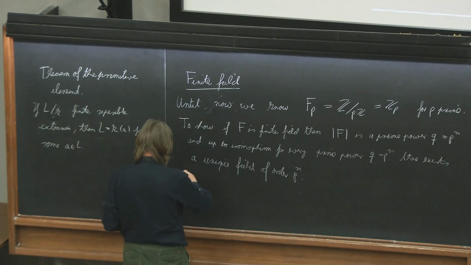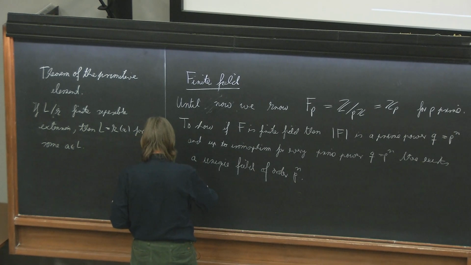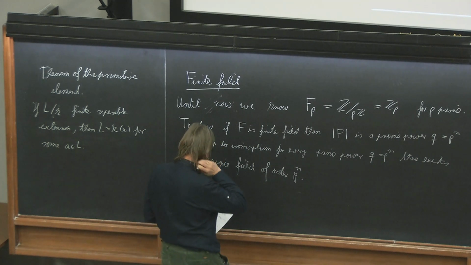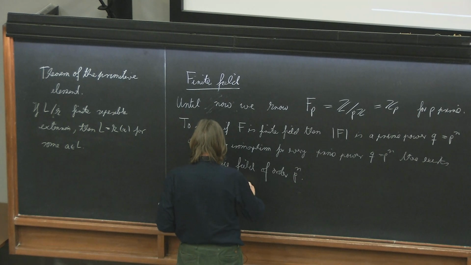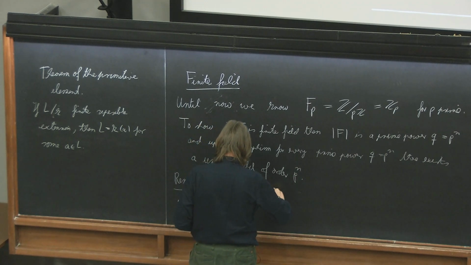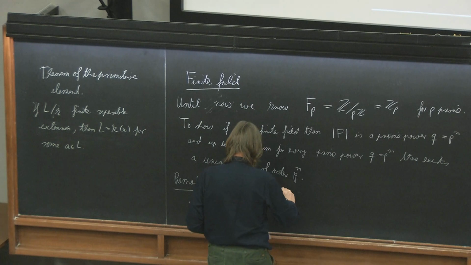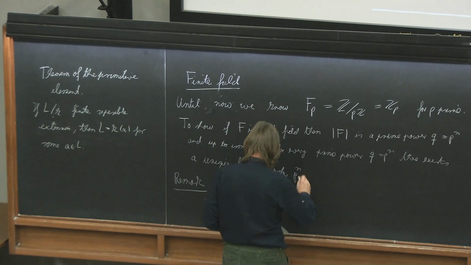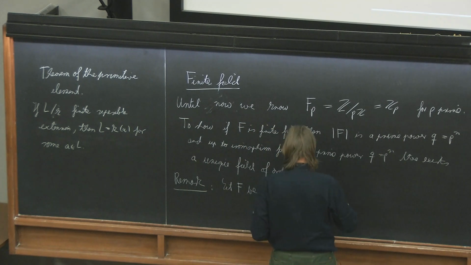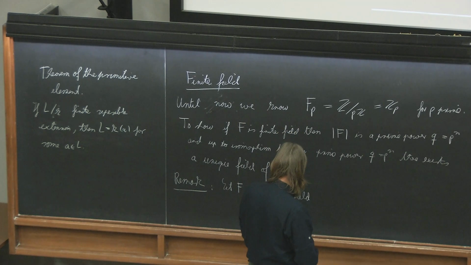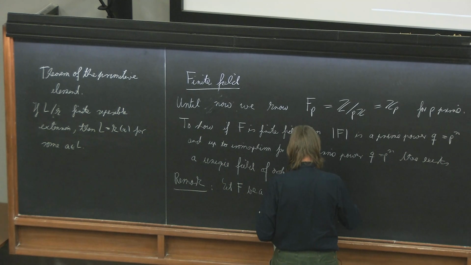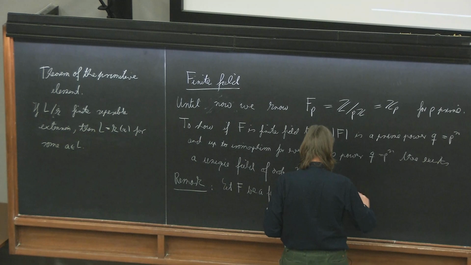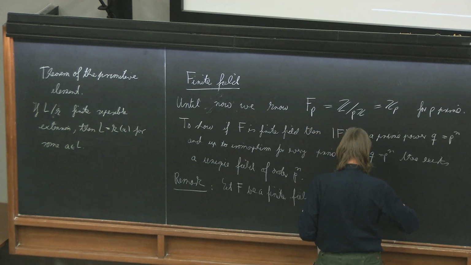So this is just the following remark. Let F be a finite field. If it is finite, it has to have a finite characteristic, and we know the characteristic has to be a prime number.